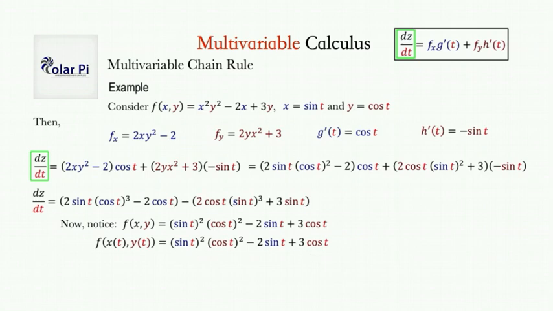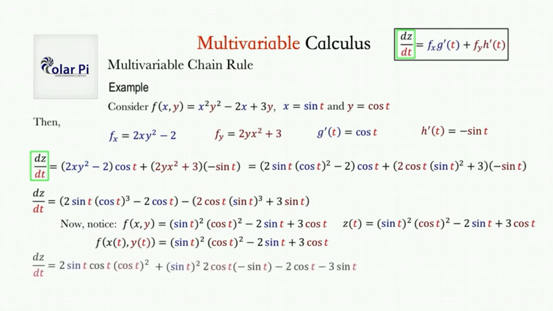And if we did, then since, again, as I said, z is now all a function of t, we could just find dz/dt from here. And if we do that, this is what we're going to find. dz/dt is first this, and that's just doing the derivative of this with respect to t, applying product rule as necessary. For example, here we have a product between sine squared and cosine squared.